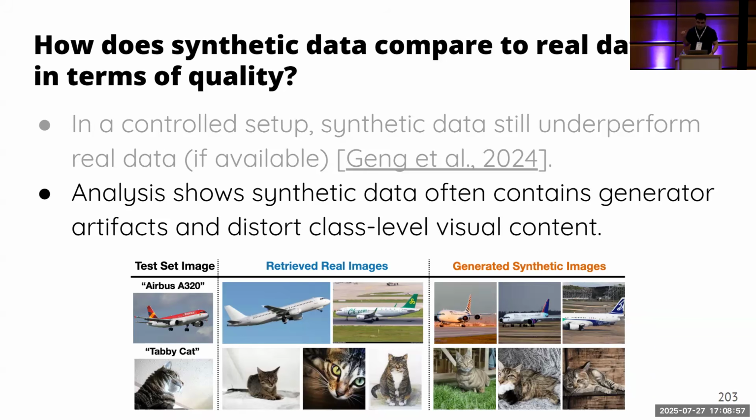And sometimes there might be distorted class-relevant visual content. In the above example, you can see that the generated image of this Airbus A320 has 2 engines, while in reality it should only have 1. This reveals the imperfections of synthetic data, and some of these might be quite subtle and very difficult to detect, but they actually affect the model training negatively.